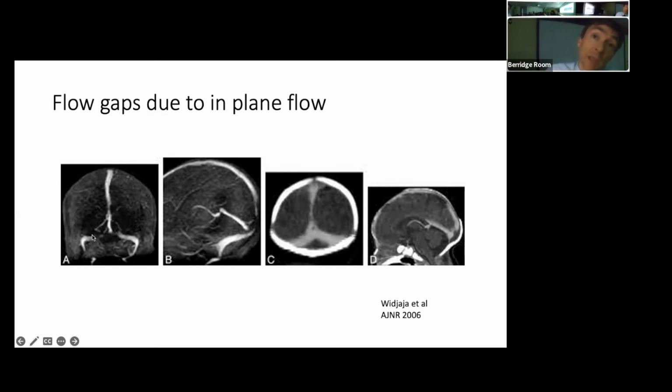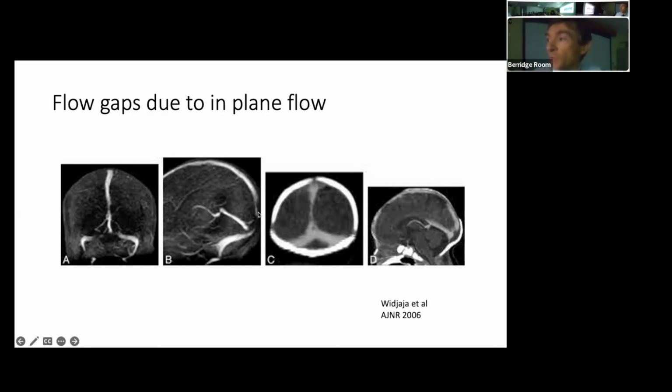The way this MRV was obtained was using coronal slices to try and maximize the flow in the transverse sinuses. The flow on MR will be maximal when it's at 90 degrees to the slice of acquisition, so it's detecting blood flowing into the slice from above and below.